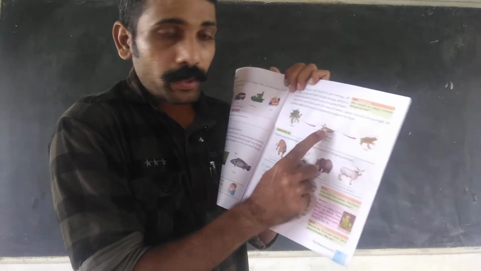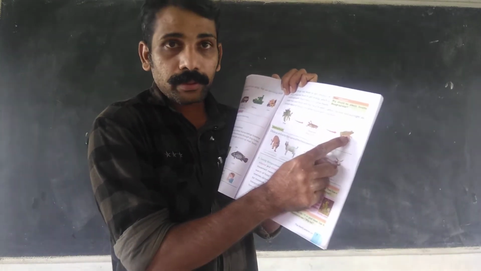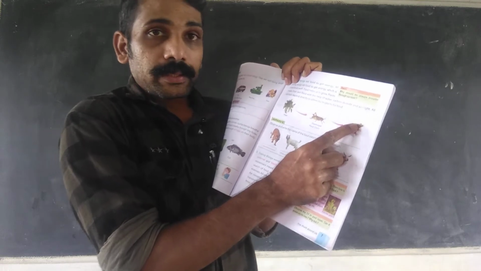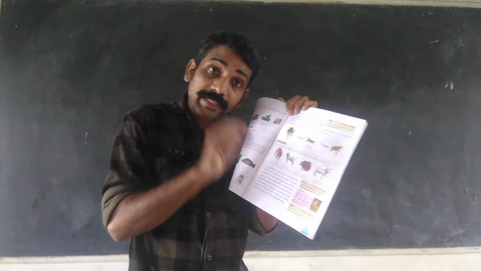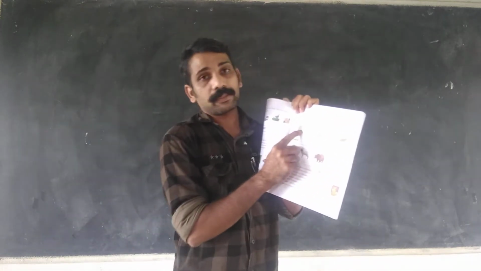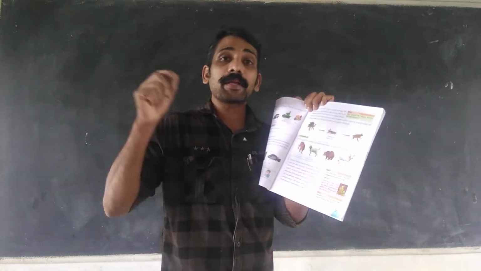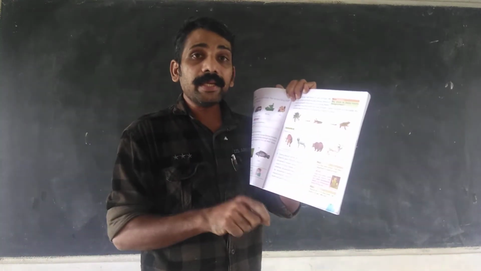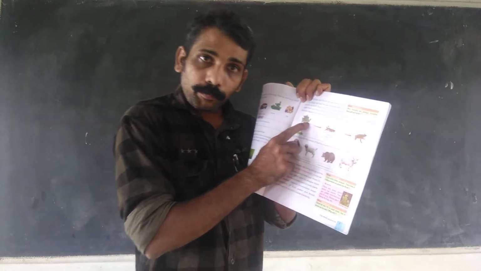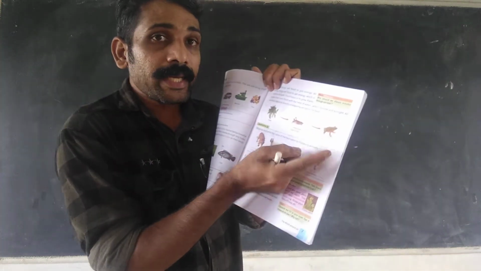Without the grasshopper, the frog cannot live. So the frog does not depend directly on plants, but indirectly depends on plants.